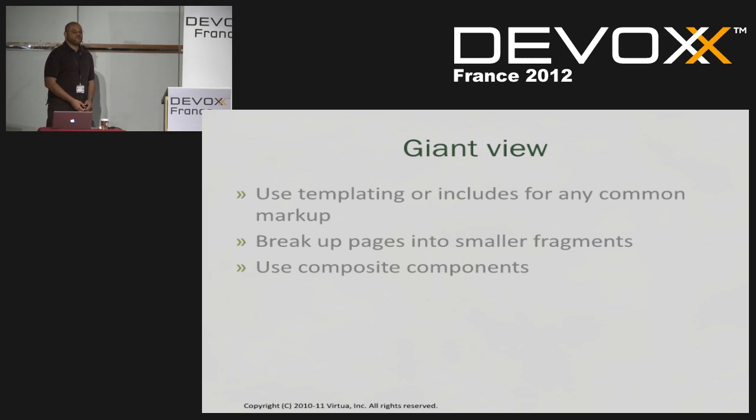If you've worked with Facelets, it's sort of like a Facelet composition but better. So that's another way you can break out functionality as well. So if you have a giant view, if you find yourself waiting to load a page, then you probably need to think about ways to factor it out, or clean it up, or move it into templates.